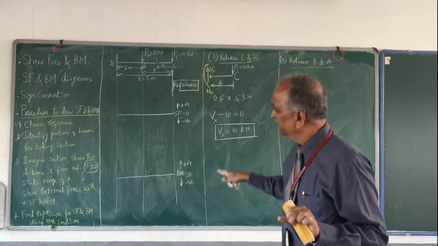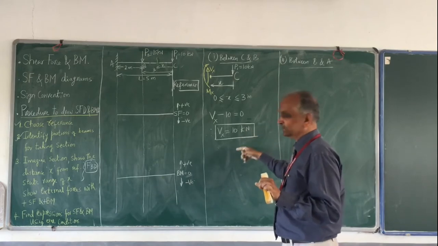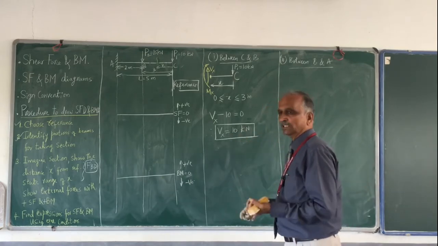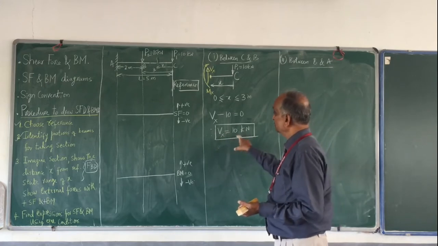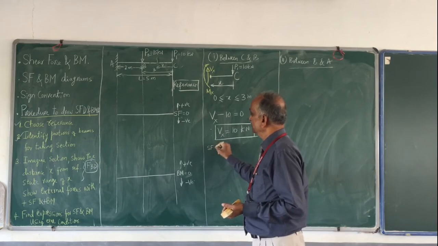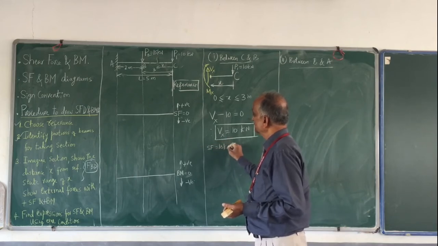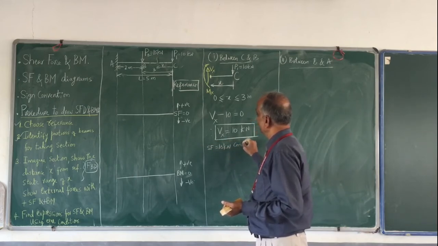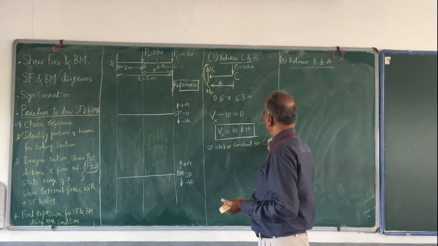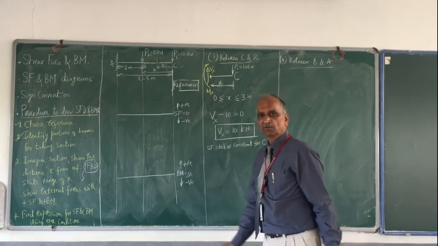If you have something multiplied by x, you immediately know, as for bending moment. So the shear force is constant, 10 kilonewton, for the CB portion.